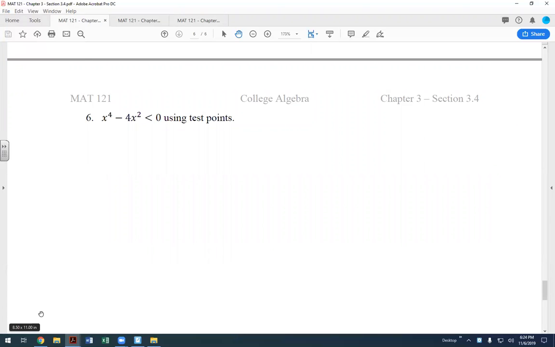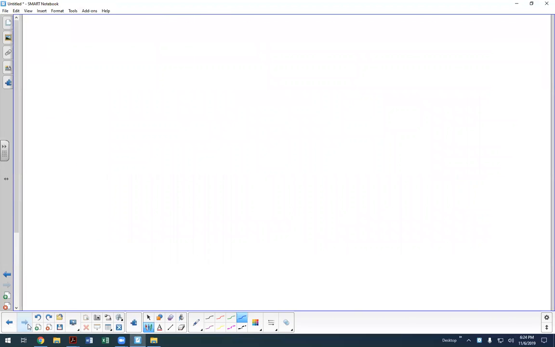All right, so this guy's already got 0 on one side. Okay, so this is x to the fourth minus 4x squared, and this is less than 0 using the test point method.